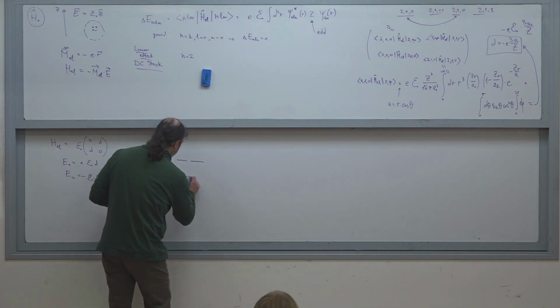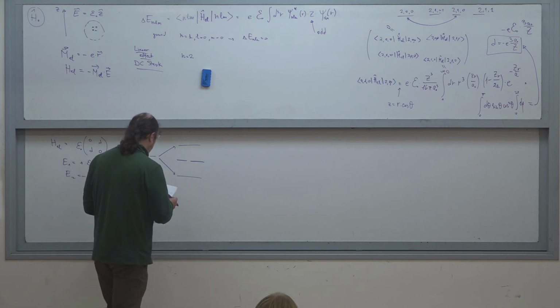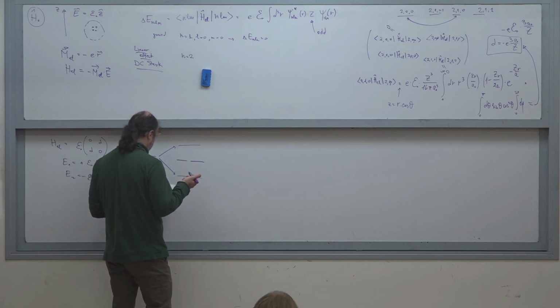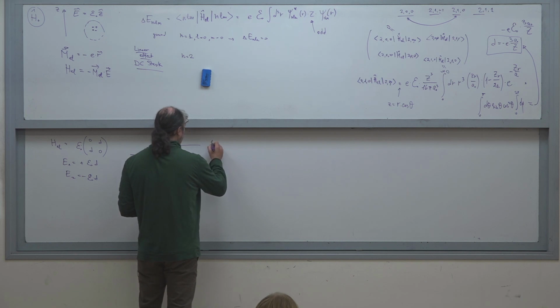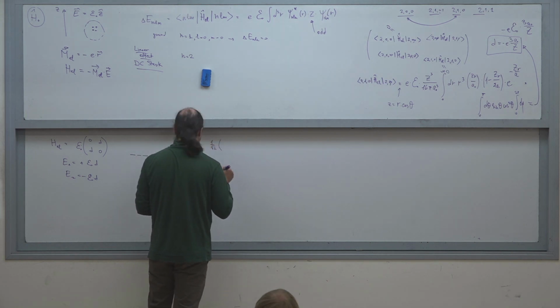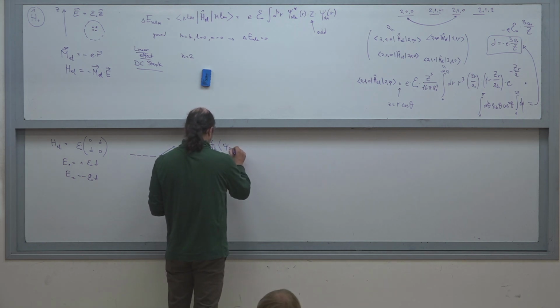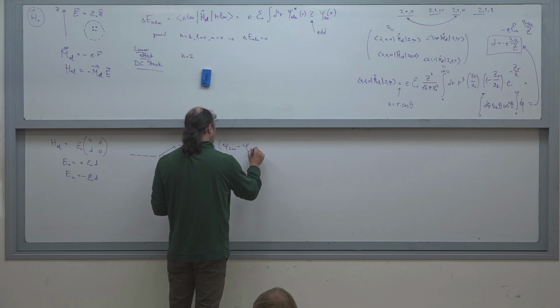One is shifted up, one is shifted down, and the one that is shifted up has an eigenfunction that is the linear combination of two states, minus psi 2,1,0.